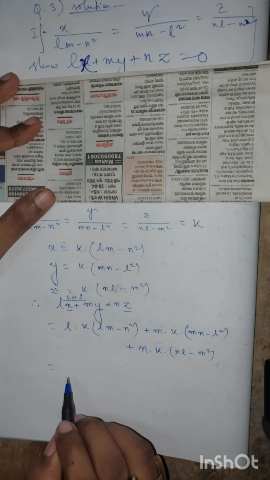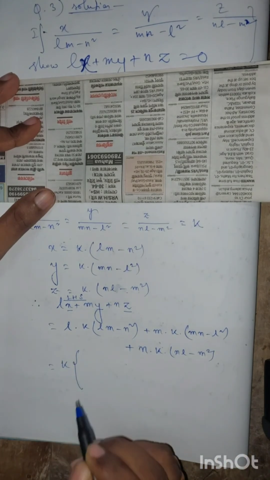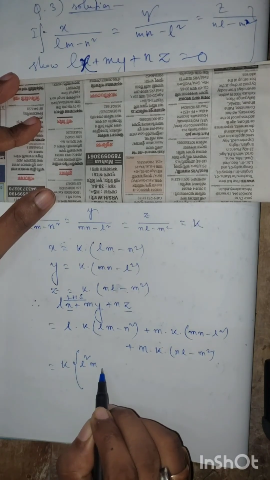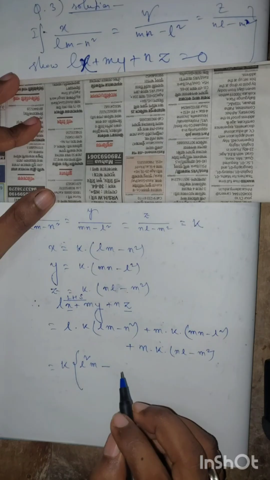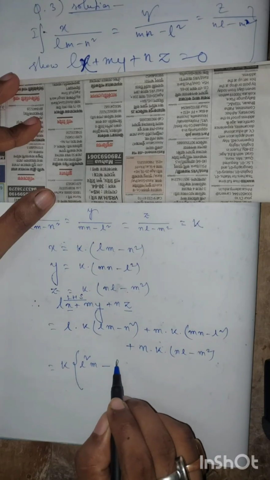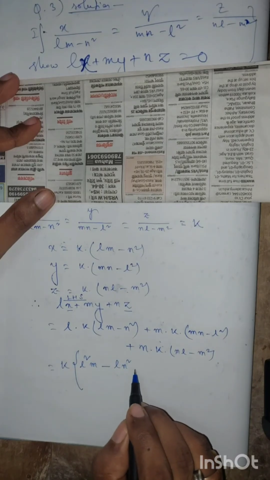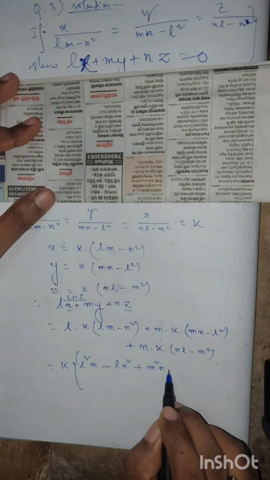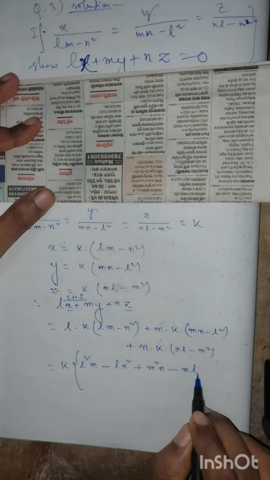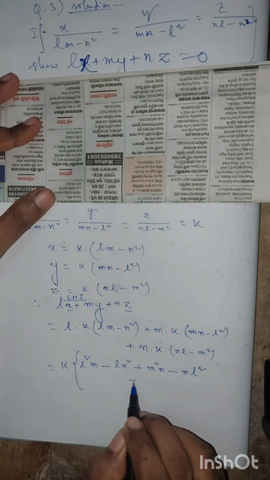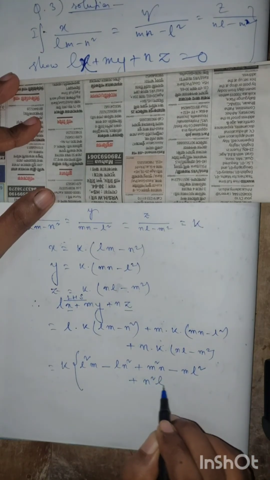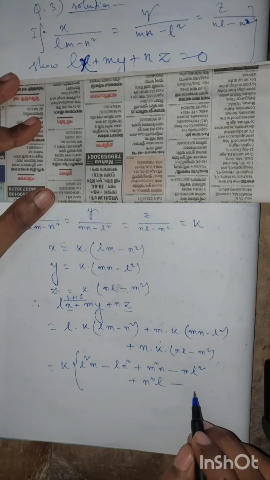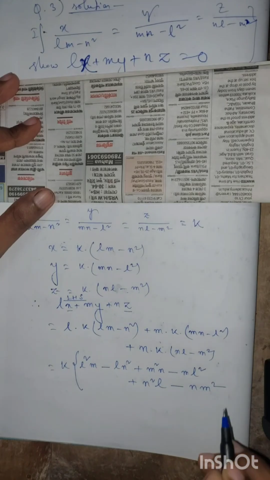Now we can take k common, so it gives us l square m minus l n square plus m square n minus m l square plus n square l minus n m square.